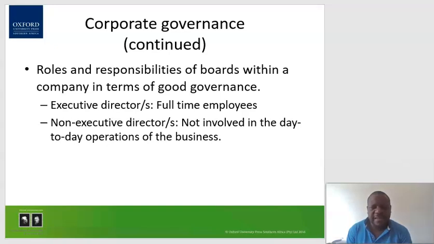So mainly, the main difference is that executive directors are normally full-time employees of the organization, and they are involved in the day-to-day operations of the organization. So there are certain decisions that they can make. However, there are also other decisions that they cannot make without the endorsement of other directors who may be non-executive directors.